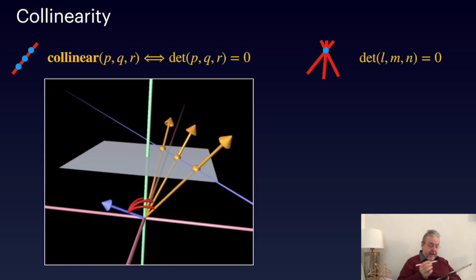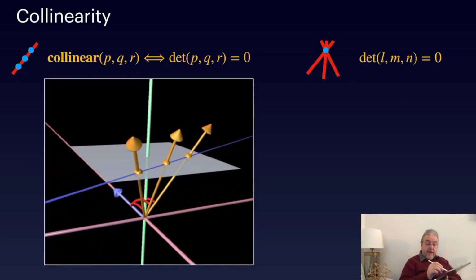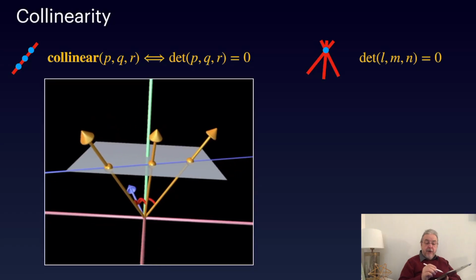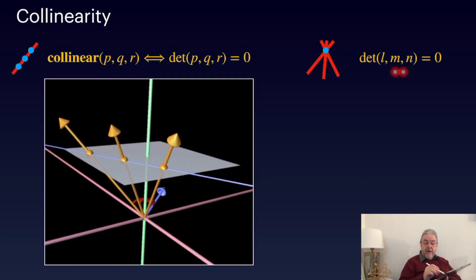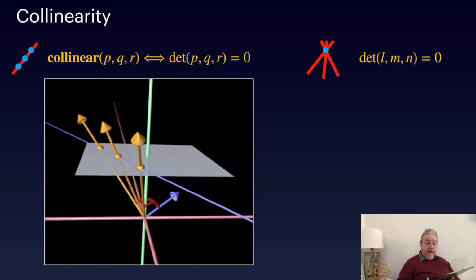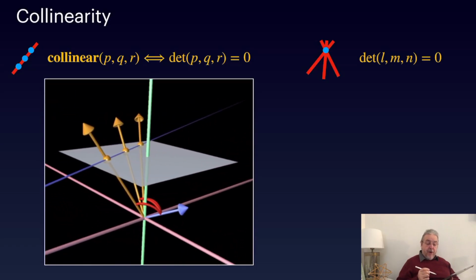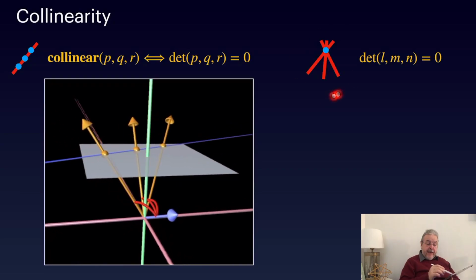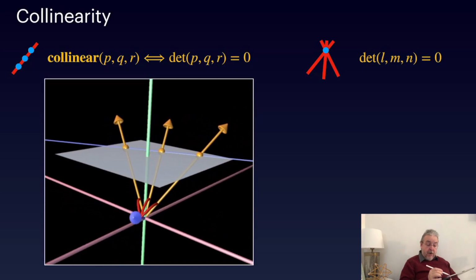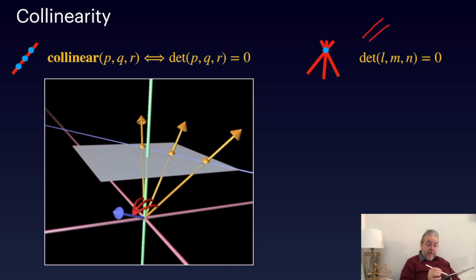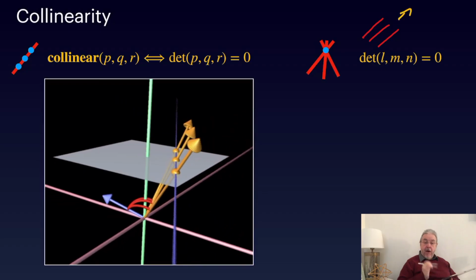Similarly, we can check, and I ask you to do the pictures for that yourself, that three lines meet in a point if the corresponding vectors are linearly dependent, which we can check again by a determinant being 0. One more important point: if we see, say, three lines meet in a point, this could also mean that these three lines meet in a point at infinity, so a point that is very far out.